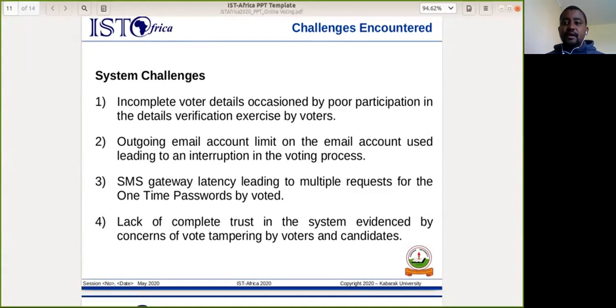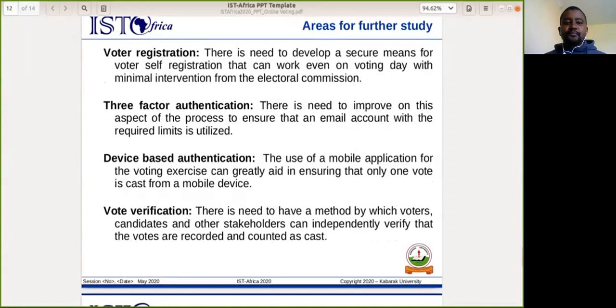And when people think that the vote has been tampered with, that is their reality. And it could even lead to the cancellation of an election. So we took this very seriously. While we were confident of the technical capability of the system to resist any form of tampering, the voters did not have the same confidence we had as an election team. So that was a major issue.